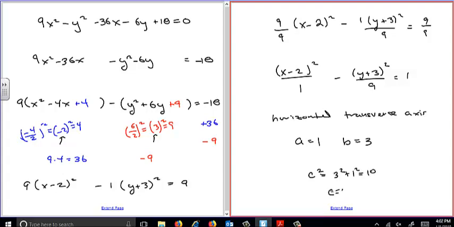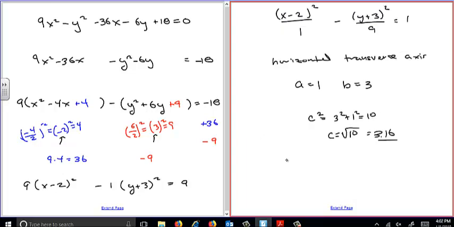So c equals the square root of 10. And the square root of 10 is 3.16. Okay, so we have A, B, C. We have the center. So let's write that down. The center is 2, negative 3. Okay, so we have everything we need to know now.